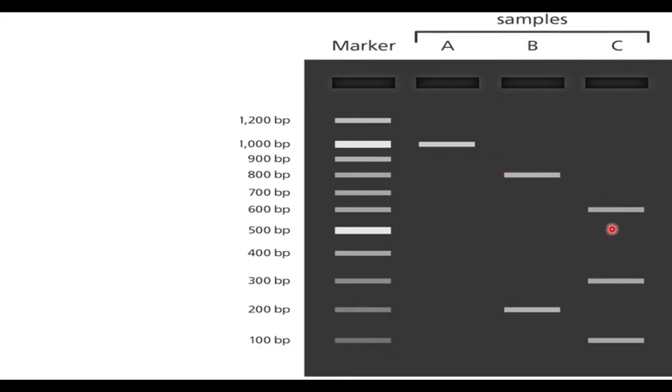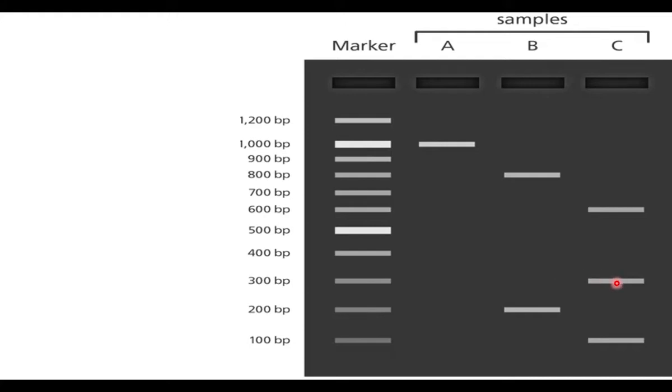So these are sample DNA molecules. If we have to calculate the approximate length of these DNA fragment samples, we have to compare the samples with the marker. So this is the second marker DNA fragment. Its length is 1000 base pairs. So in sample A, this DNA band has 1000 base pairs, this one matches 800 base pairs, and this one matches 600 base pair marker DNA.